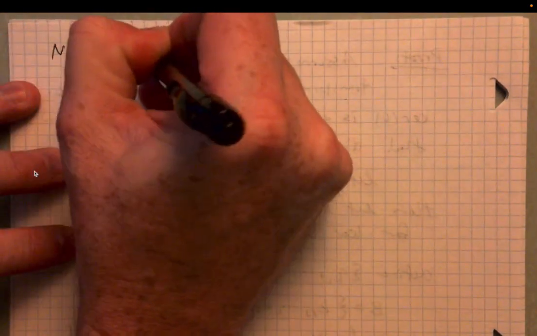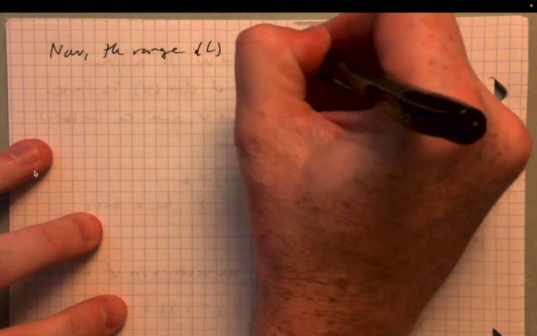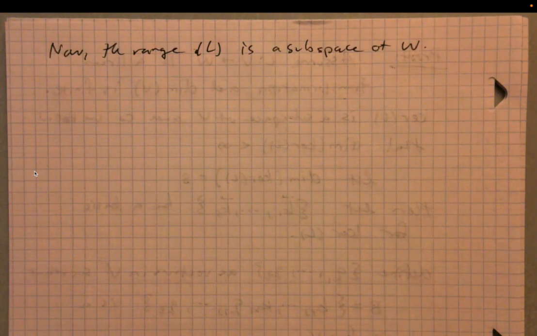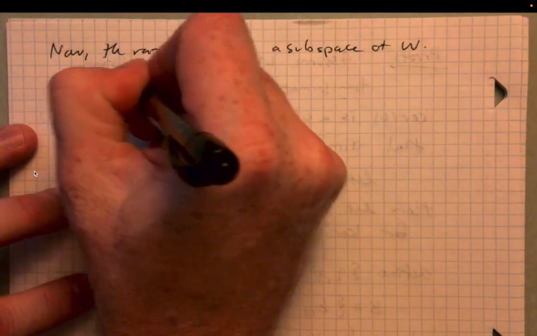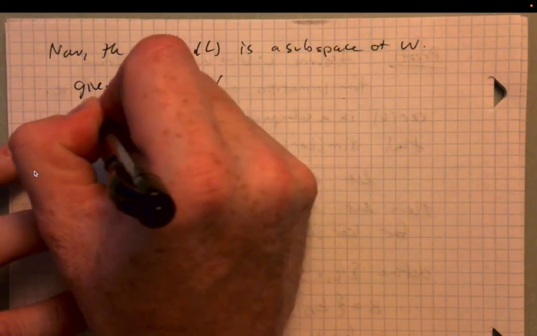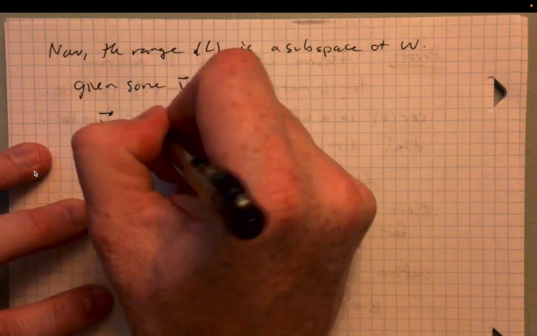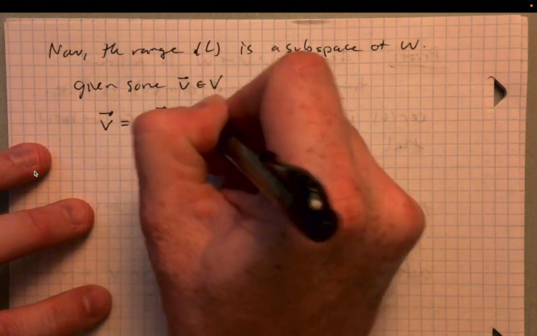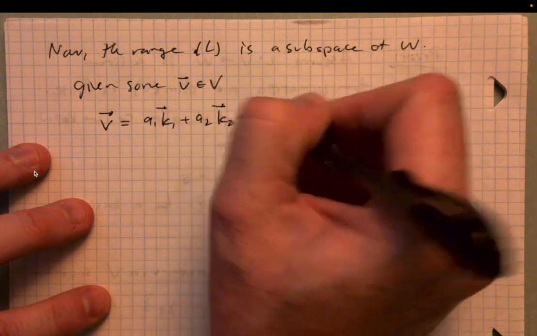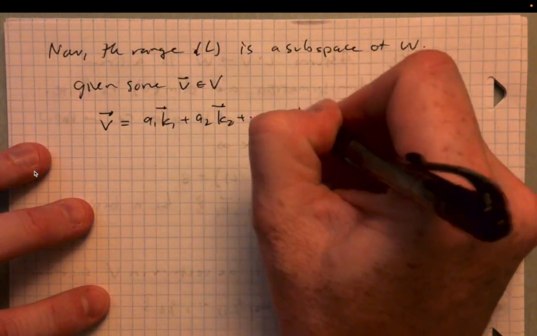So let's talk about what we know about the range and how it relates to some of these things. The range of L is a subspace of W. And what the range of L means is that given some vector V in V, I can write V as A1 K1 plus A2 K2 plus ... plus AS KS, right?